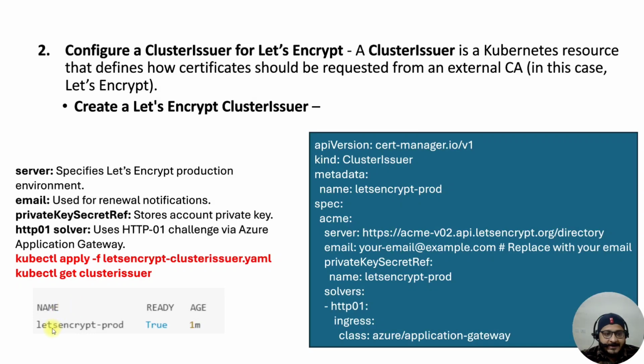You get a response showing the metadata name which you specified here, so you can keep any name you like. If the status shows ready is true, it means the cluster issuer is successfully set up on your AKS cluster. If it is false, then obviously you have to troubleshoot.